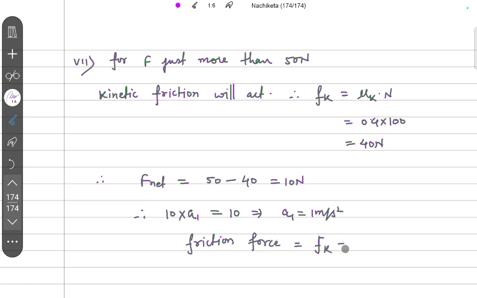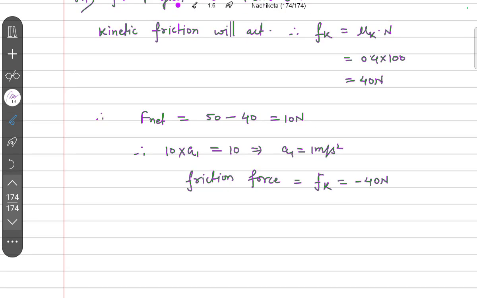It is fixed. It can't change. The minus sign is just given to show the direction opposite to the acceleration. Okay. Rest you solve.